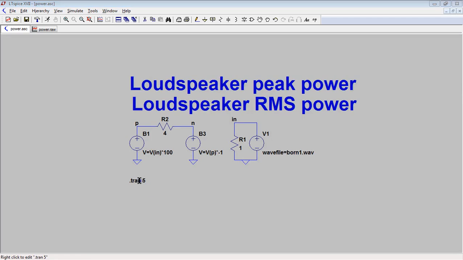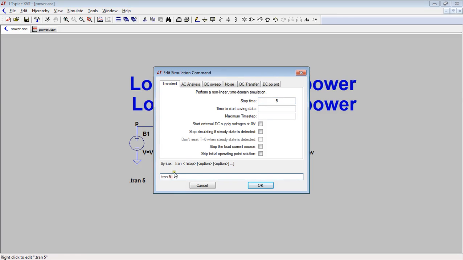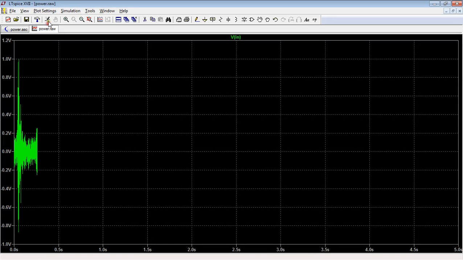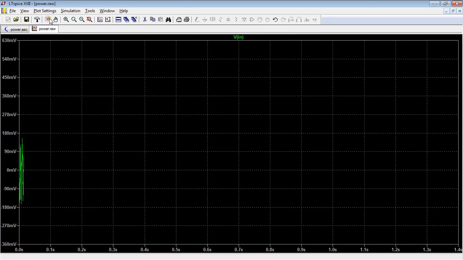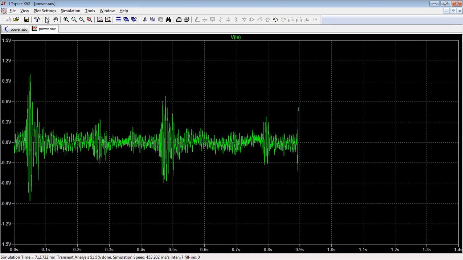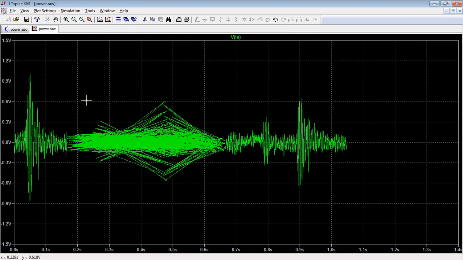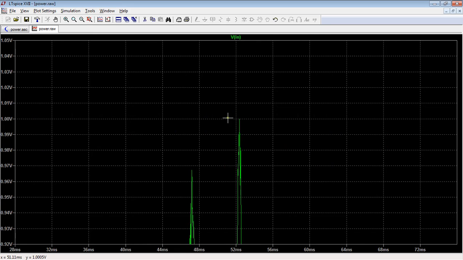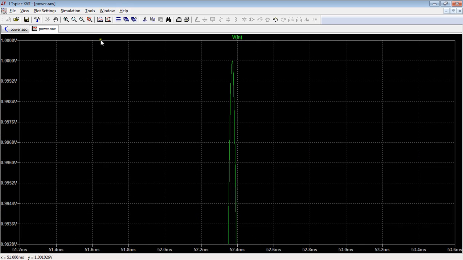Right, so I set the transient to 1.385. Okay, now I'll do it again. Right, there you go, there's the sample, and you can see it's normalized to 1 volt.